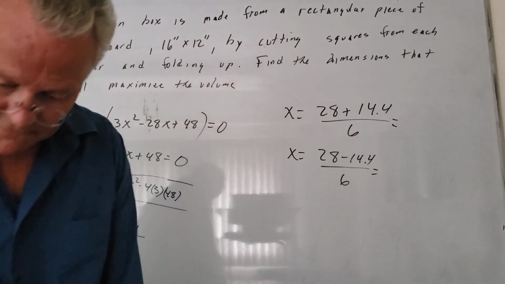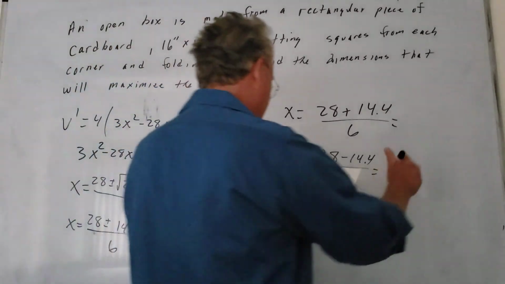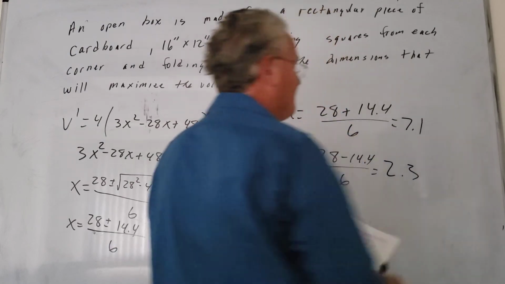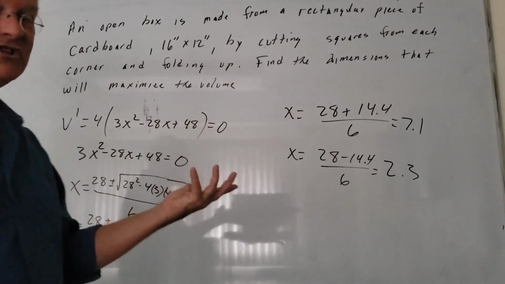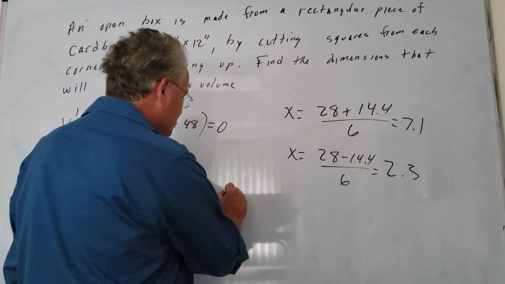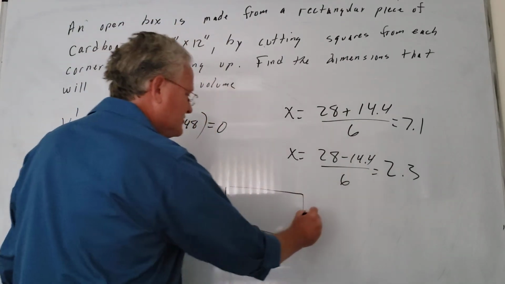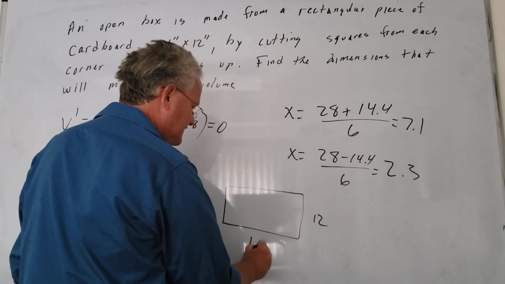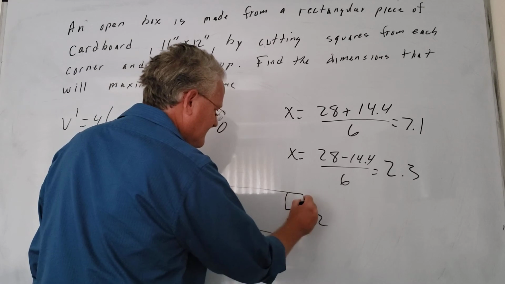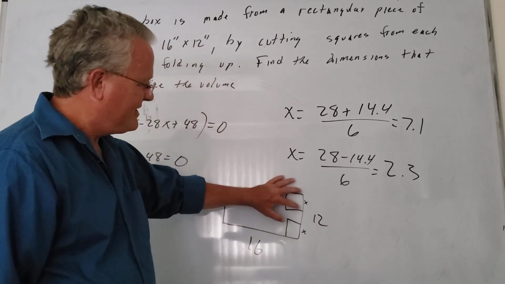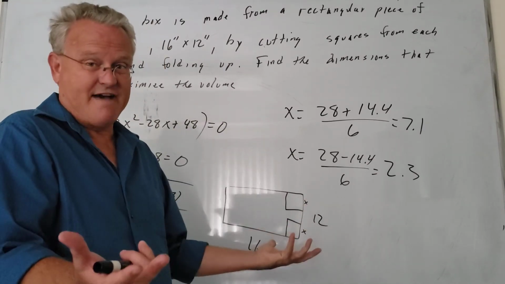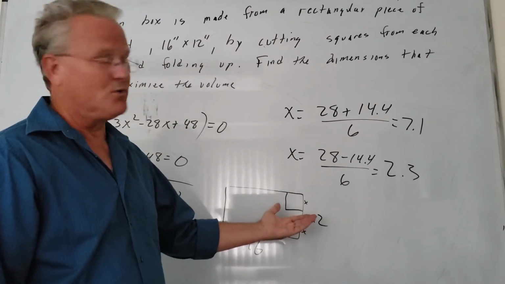When you plug in the first one into your calculator, you get 7.1, and here you get 2.3. Now, here again, just think about it. 7.1 can't be the answer, because remember, this is 12 by 16. If this distance is 7.1, then 7.1 and 7.1 is 14.2, and we don't even have that much distance because it's only 12 inches.